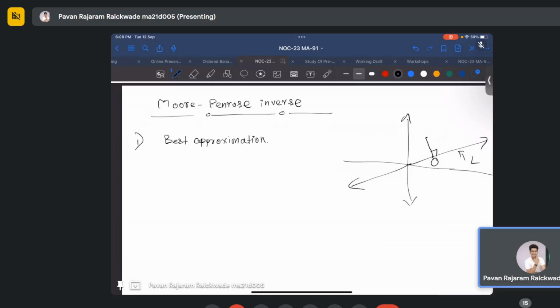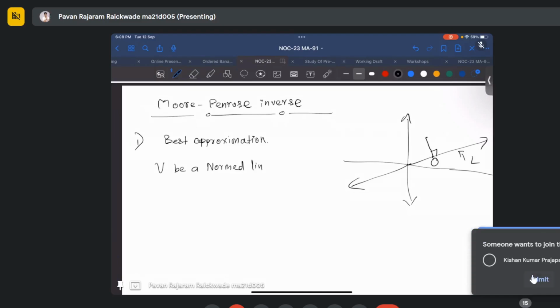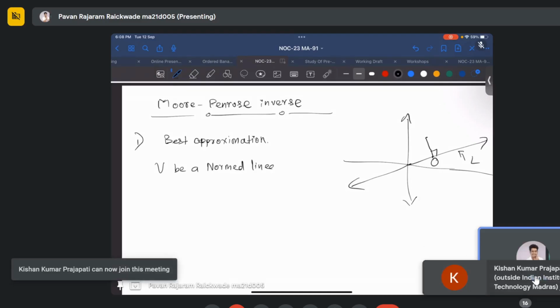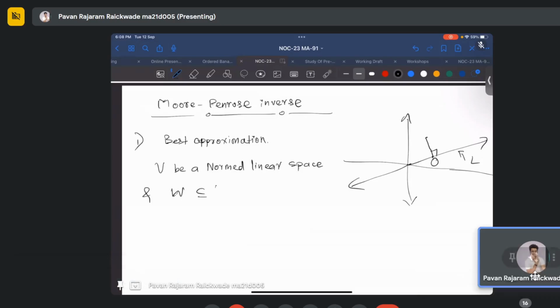Okay? So for that we'll have our vector space V, a normed linear space, I'll define it in more general spaces, and W be a linear subspace.